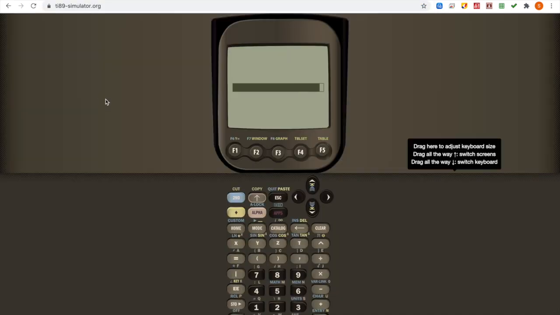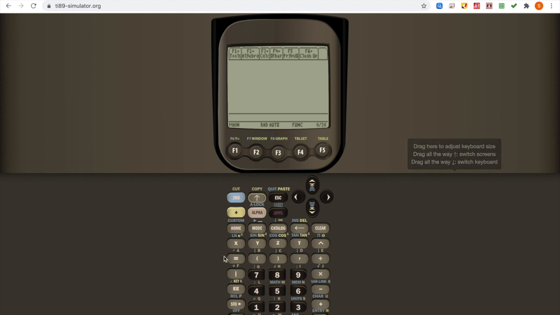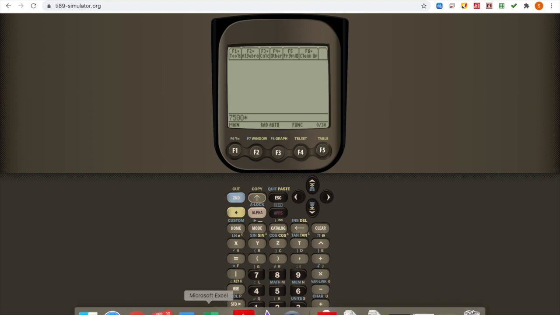So we're going to show that on the calculator and exactly what it should look like. We don't need to type in the letter I. That's not what you need to do. This is just a math problem, so we're just going to write it exactly with just the formula. 7,500 times 0.10 for the rate, and then times 5 years.